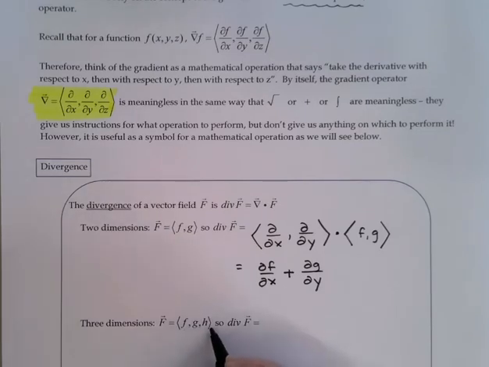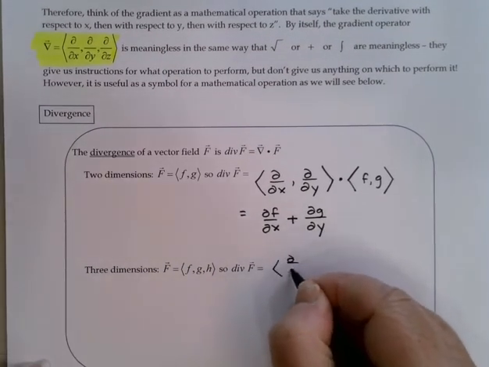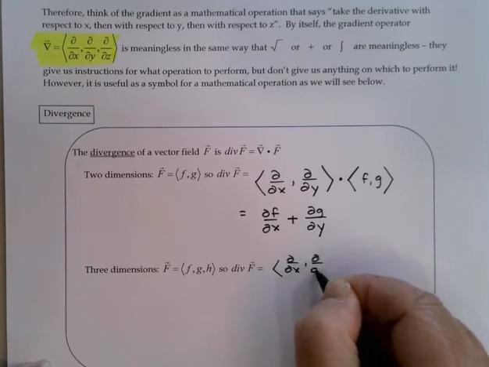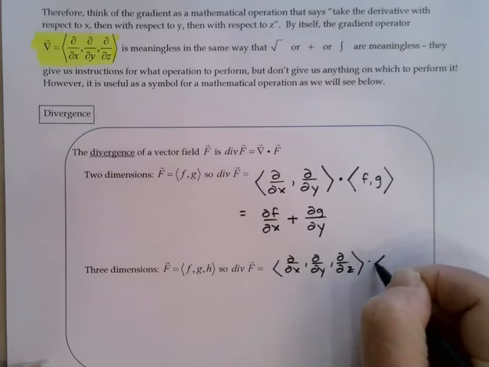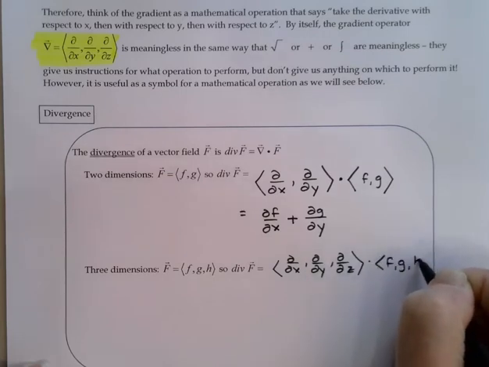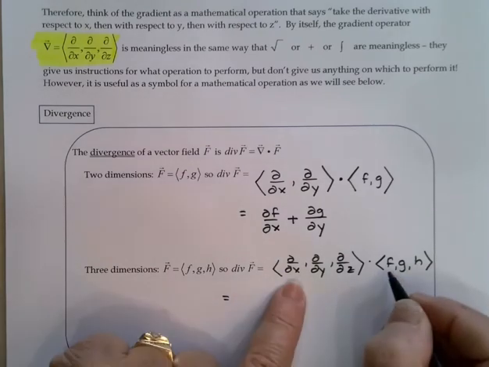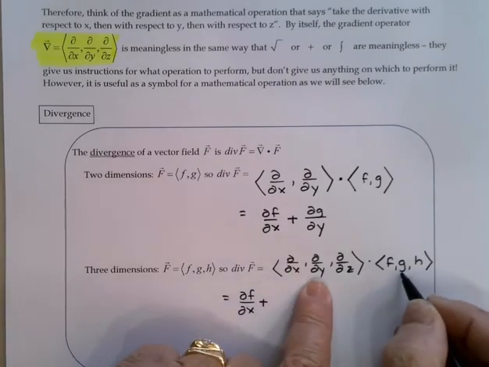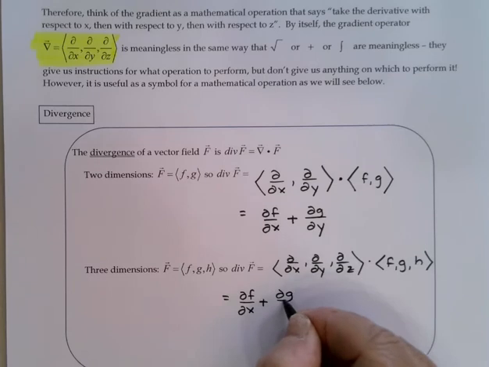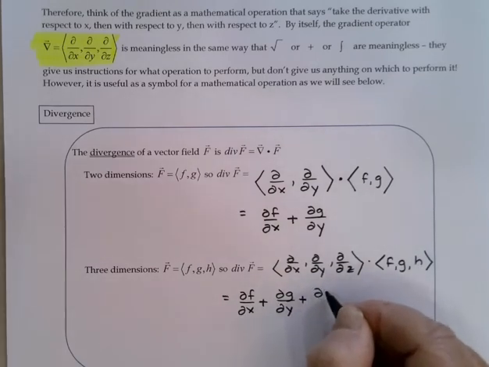If f is f, g, h in 3 dimensions, then div f would be the three-dimensional del operator, dot product with f, g, h, and the divergence then will come to be the partial of f with respect to x plus the partial of g with respect to y plus the partial of h with respect to z.